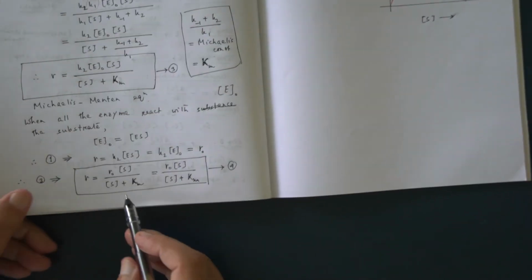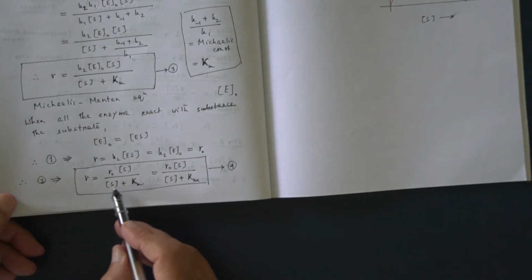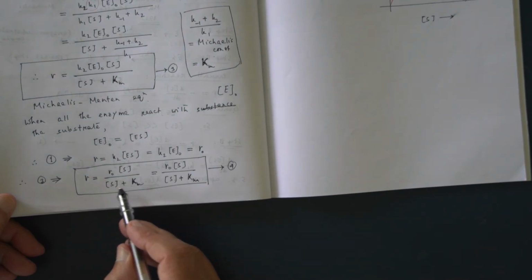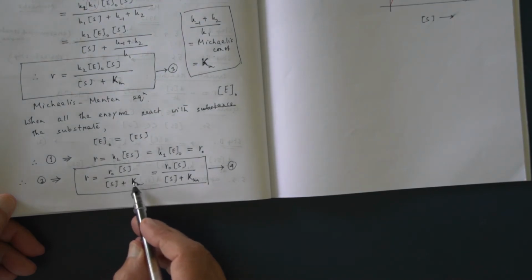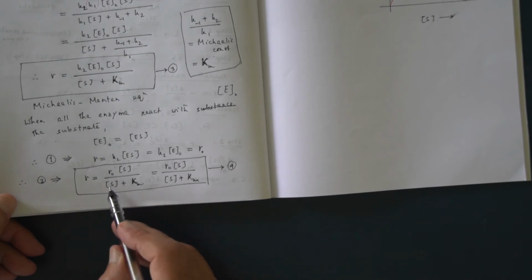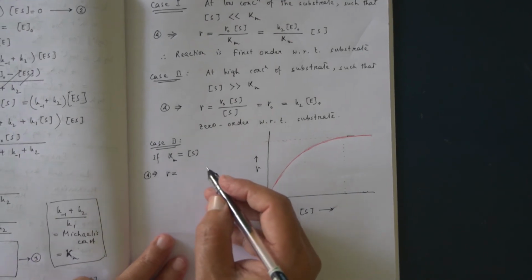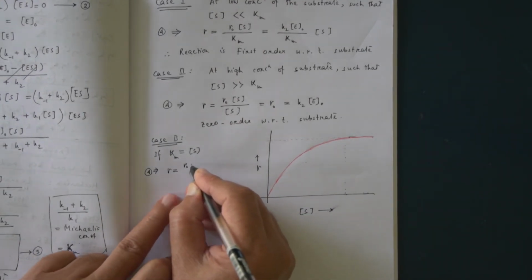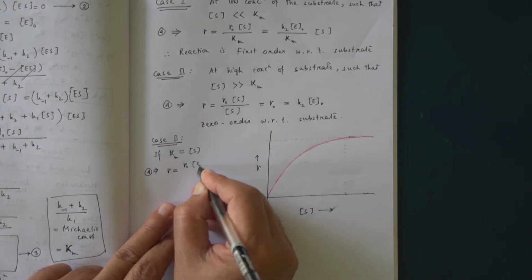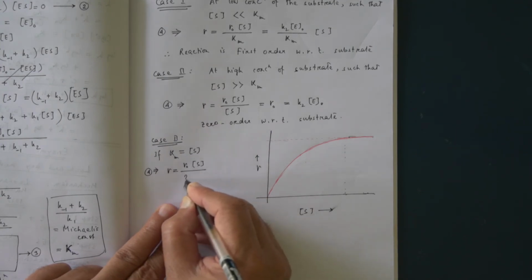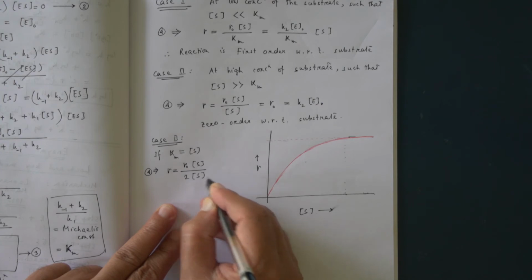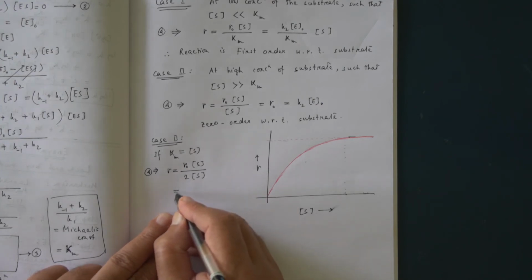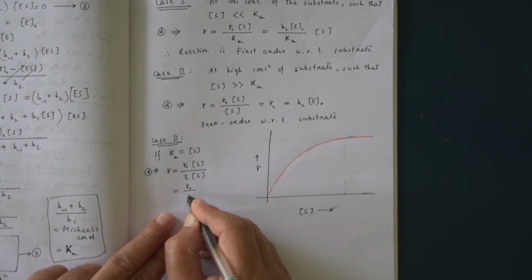This is equal to this, so we can write S plus S, that is 2S. So R equals R naught S by 2S, and that is equal to R naught by 2.